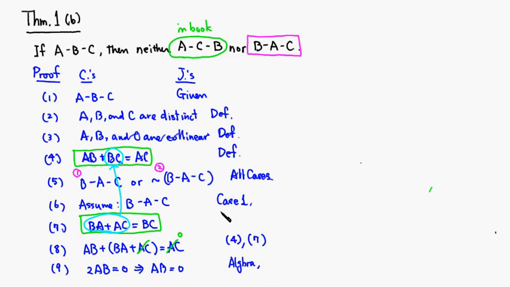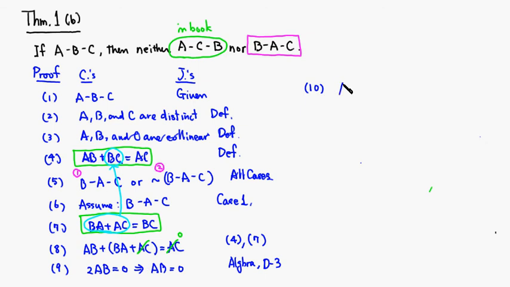We are also using the fact that the distance is symmetric, so I'm using D3, to get that. And I'm going to go up here. Line number 10 says that AB equals 0, but D2 says that the only way you can have a 0 distance is if the two points are identical.